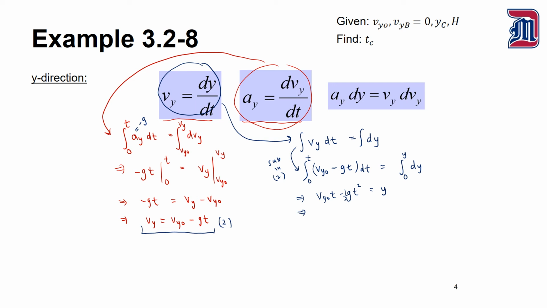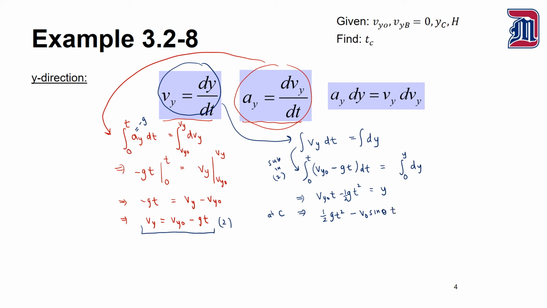If I plug in at point C, I'm going to move everything to the right-hand side. So that negative 1/2 g t squared, I'll add to the right-hand side, and it becomes positive. I'll subtract the v sub y0 t, and just to remind us, that is v sub 0 times sine of the angle times t.